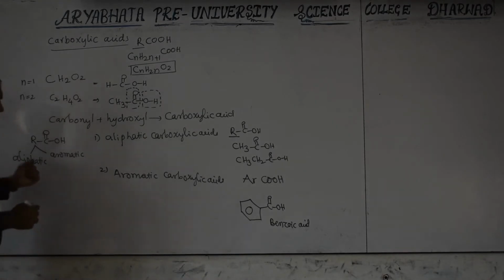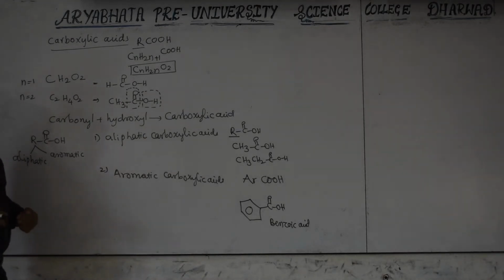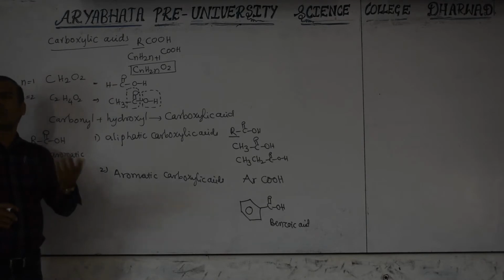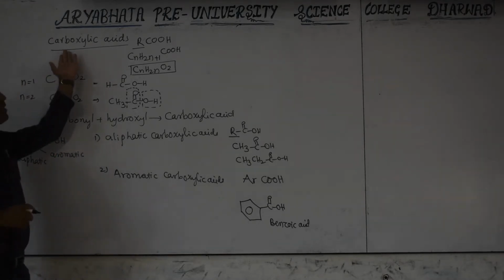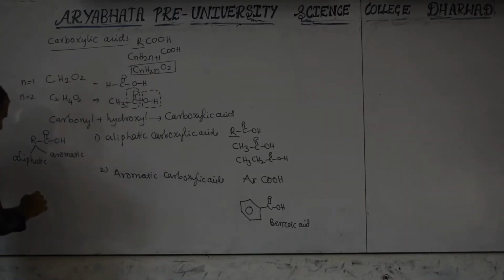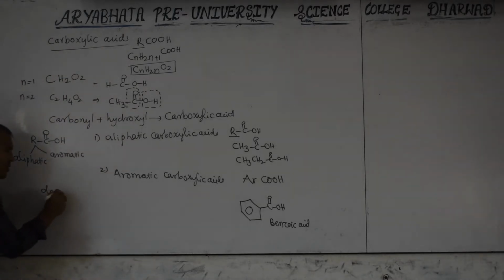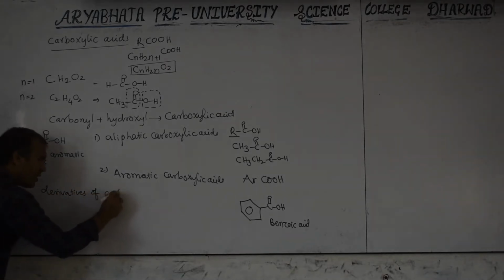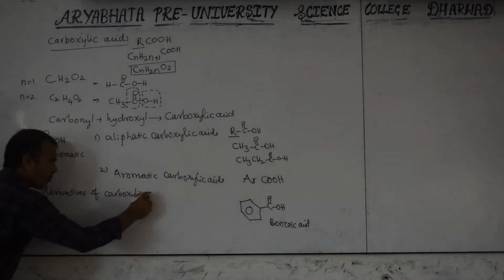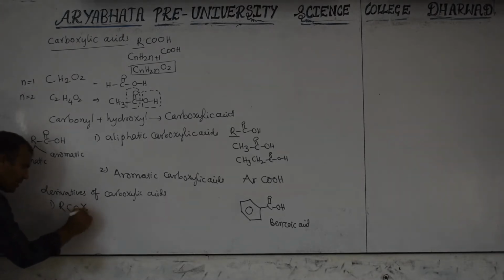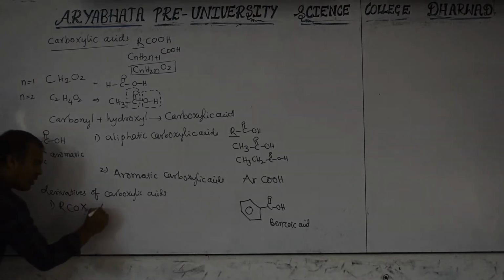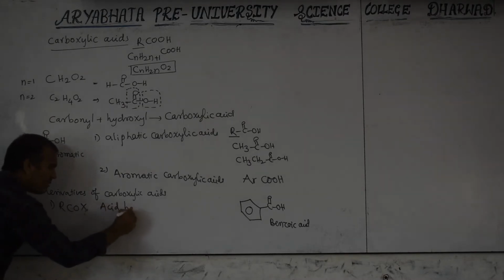Now, these carboxylic acids are very essential, or are the starting material, for the preparation of some other compounds. Already I told you that its derivatives are there. What are its derivatives? One: RCOX, X means halogen. This is called acid halide.